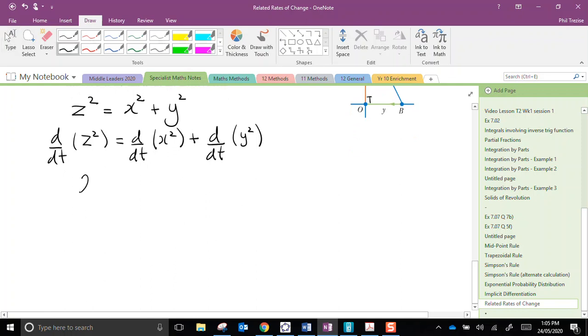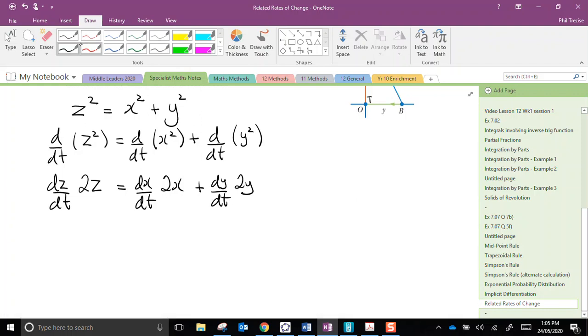So the derivative of this looks like 2z, but because we were using a different variable, we have to put dz dt. This will be 2x dx dt, and this will be 2y dy dt.